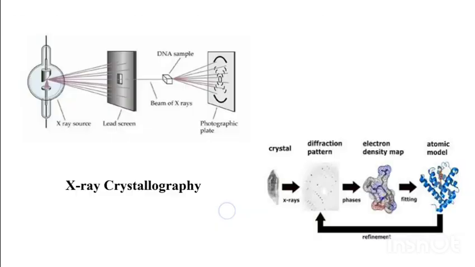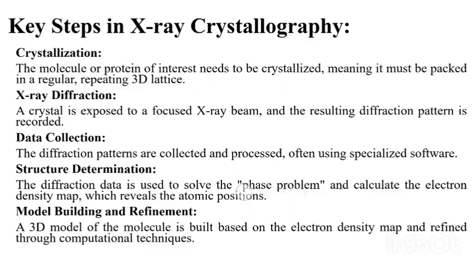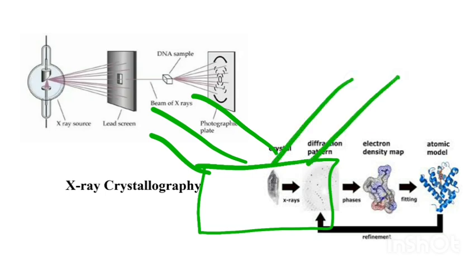Next, this is the structural representation of the different steps of X-ray crystallography. The diffracted X-rays are scattered by the crystals at certain angles. After the bombardment of the crystal with X-rays, it produces a diffracted beam at a certain angle.